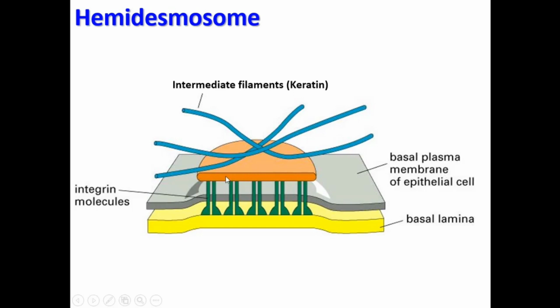But as you know, in the desmosome we have a cadherin protein, and the cadherin protein attaches to an identical protein from the other cell. But here we have an extracellular matrix, not a cell, so the cell has to change the protein, and the cell uses the integrin protein instead of the cadherin here, because the integrin can attach to a non-identical protein from the extracellular matrix.